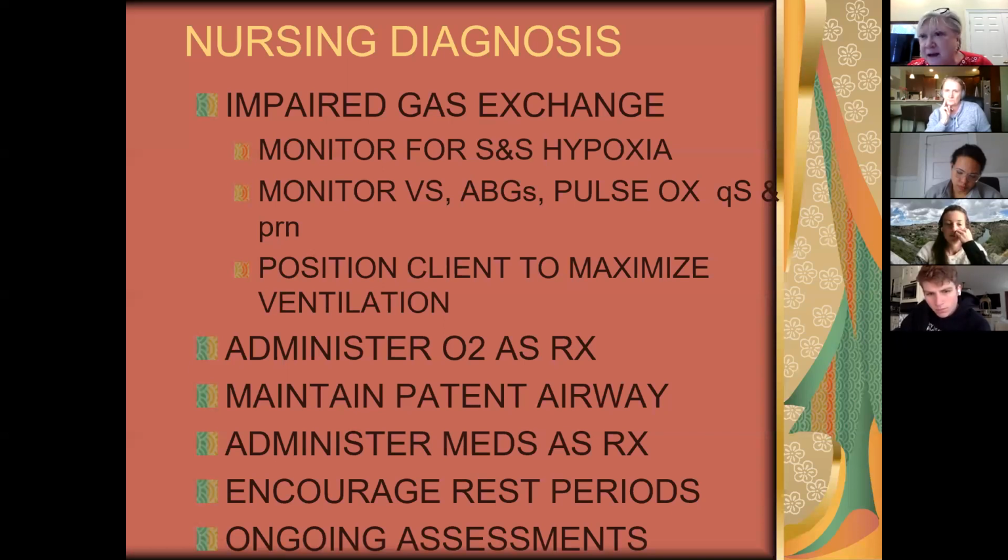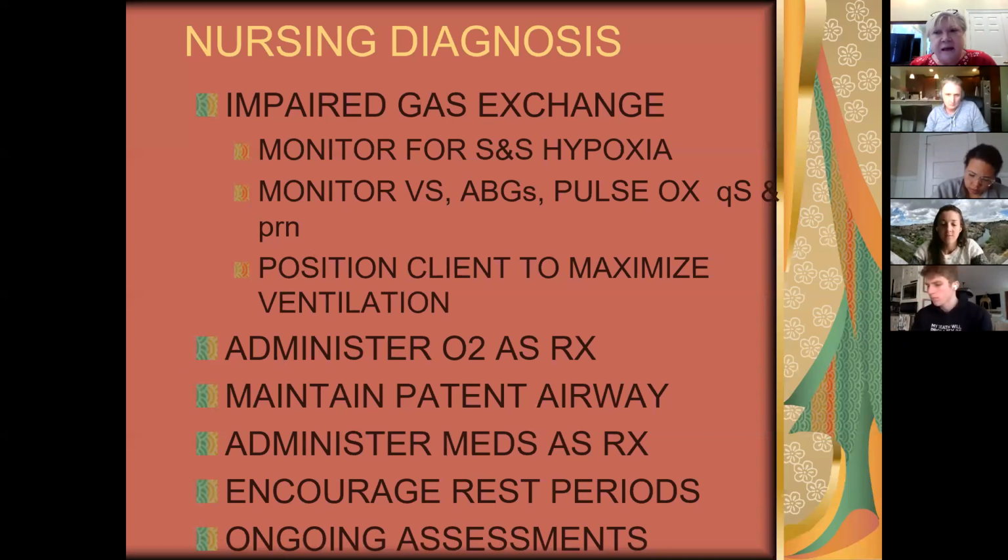Probably albuterol is the most common that you know. Might give them a bronchodilator. They might be on steroids. They might be on montelukast, which are your mast cell inhibitors to prevent future asthma attacks. I don't know. Whatever their condition is, whatever they need.